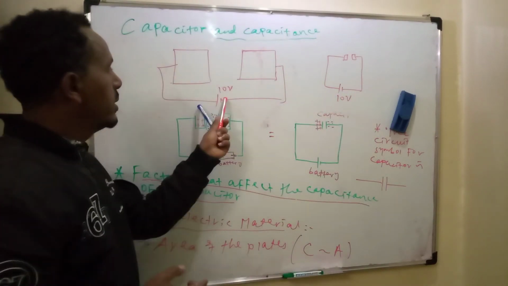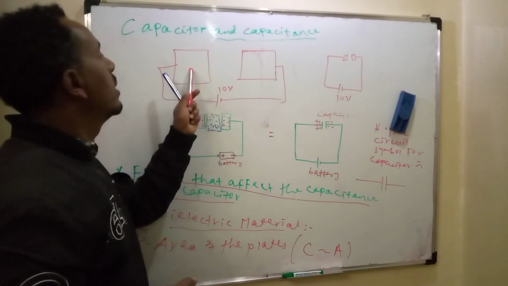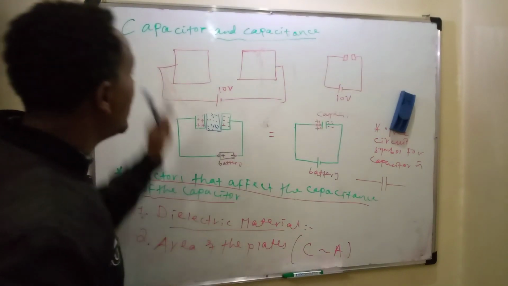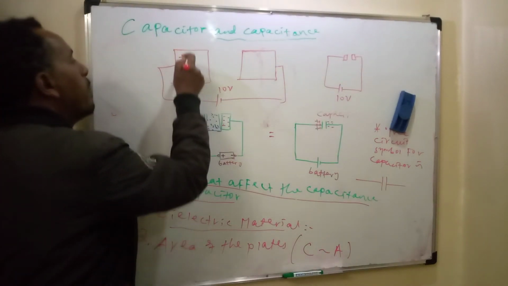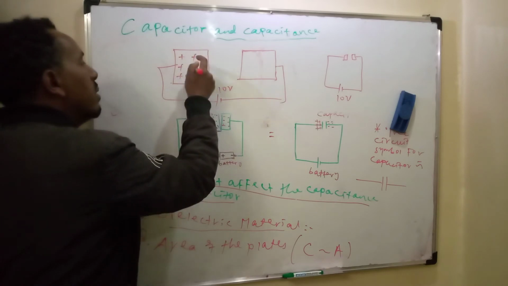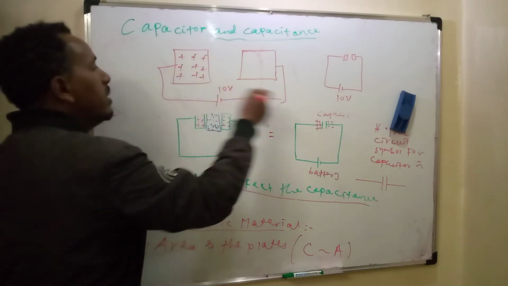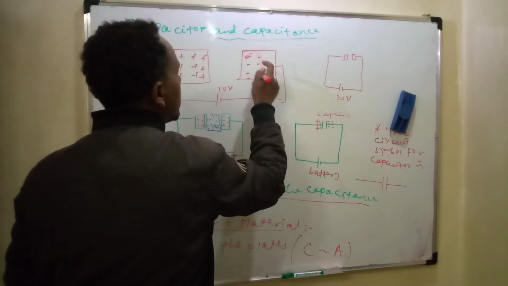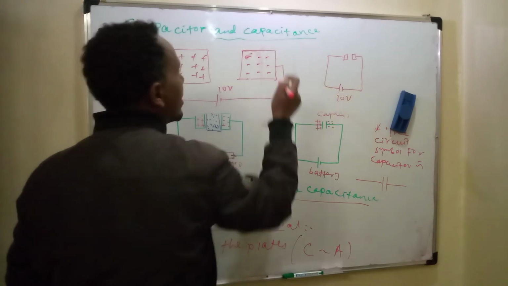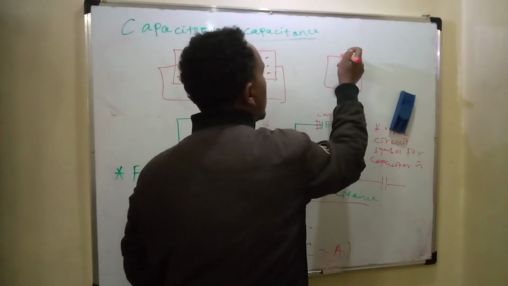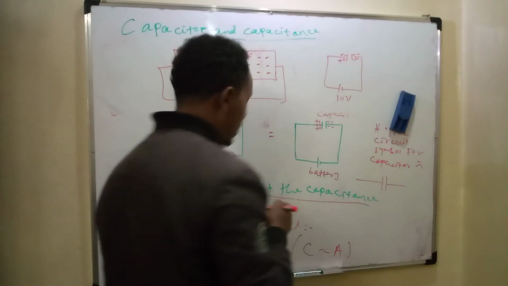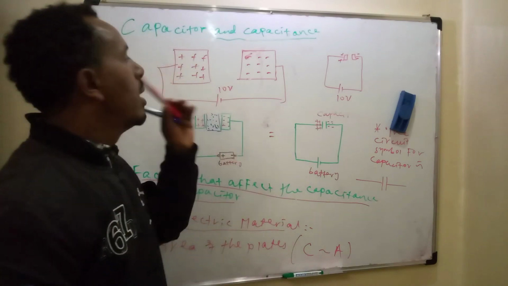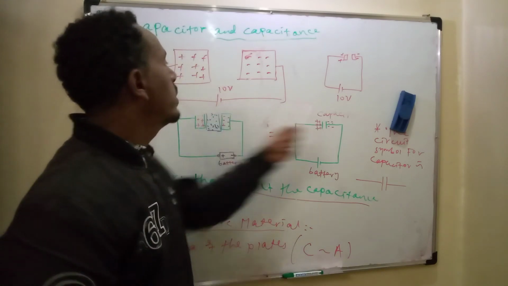Now, at the same voltage, the charge stored on this capacitor is different from the charge stored on this capacitor. The voltage delivered to the two circuits is the same, 10 volt.